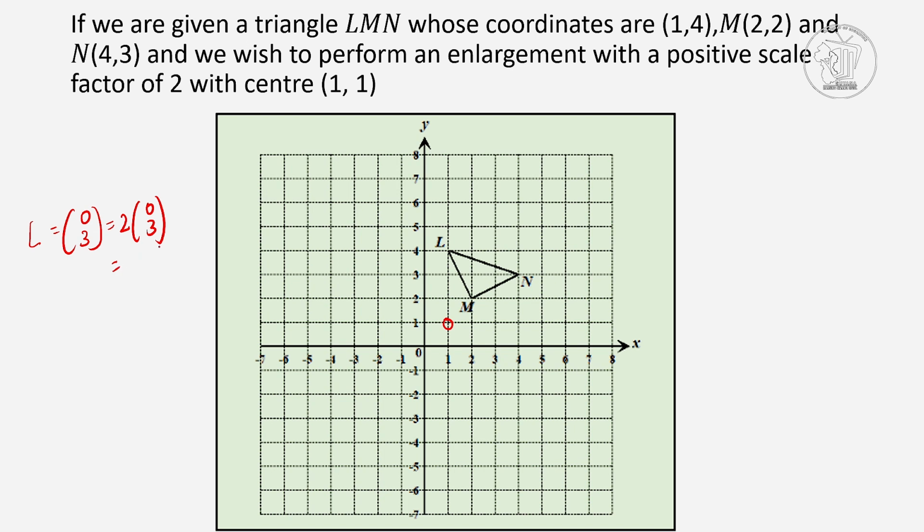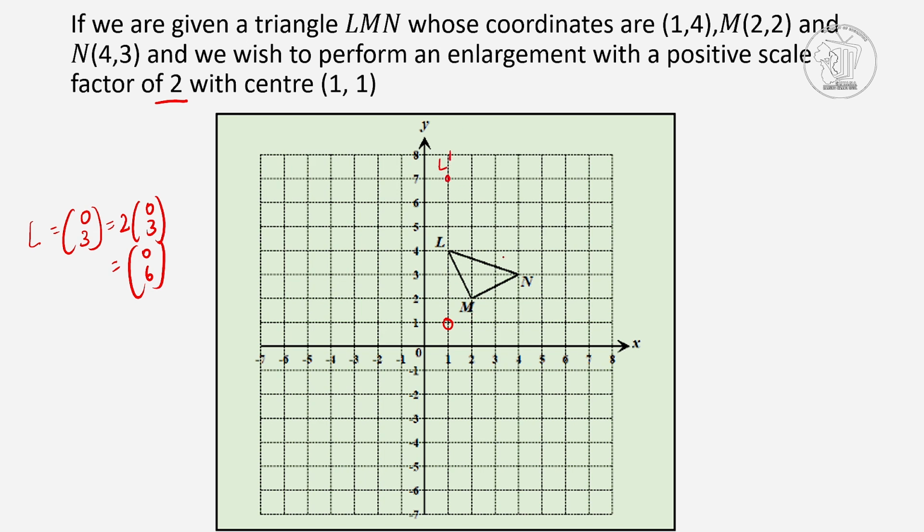So 2 multiplied by (0, 3) would simply give me (0, 6). So the image of L, we go 0 times across and 6 times up, because of the scale factor of 2, we just multiply by 2. So it's 1, 2, 3, 4, 5, 6. So here would be the new image of L.